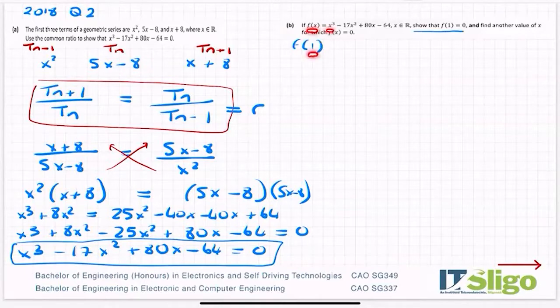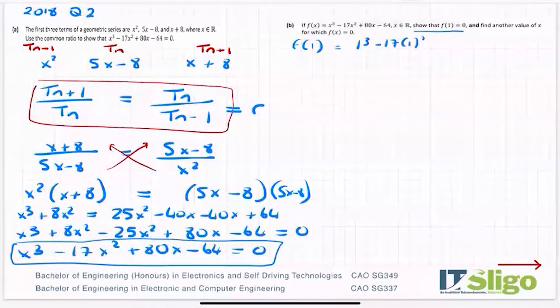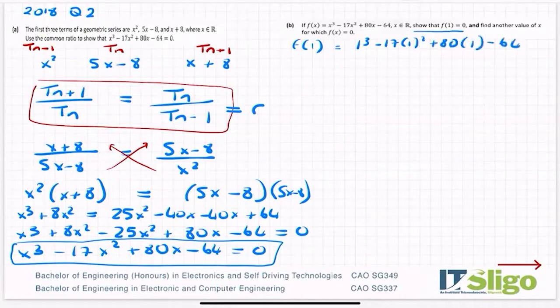So therefore you replace all of the x's with 1. Okay, so you're literally comparing those two there. So that is 1 cubed minus 17 times 1 squared plus 80 times 1 minus 64. And if I bang that into a calculator, I should get 0 if it's a solution.